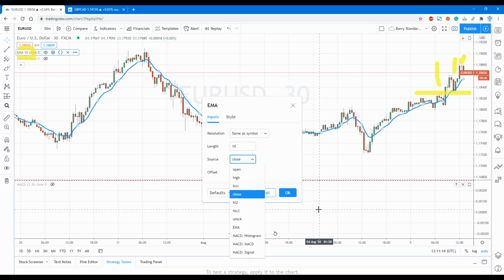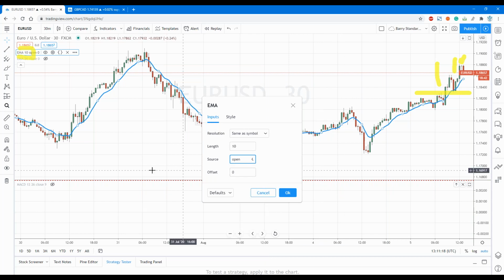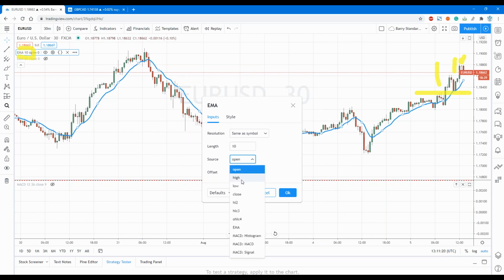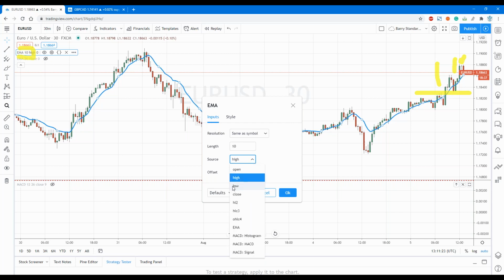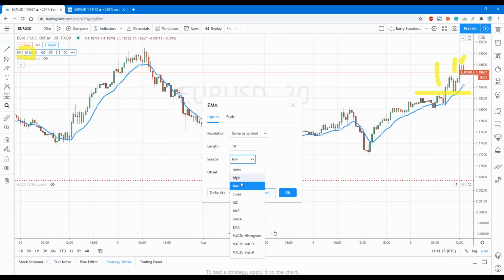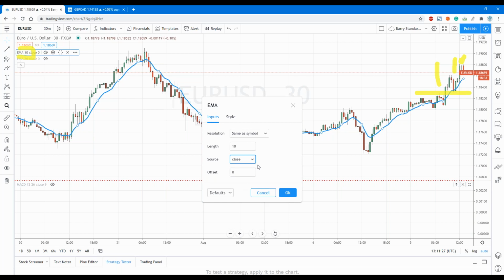They can say, it doesn't take me any more programming if you want to take the moving average based on the open or the high or the low or the close. It doesn't make much of a difference.